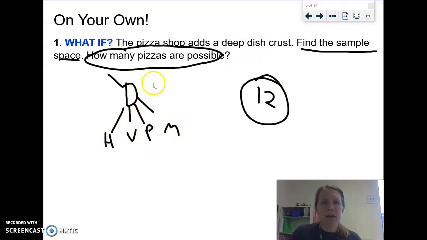So if you have 3 different crust options and 4 different types of pizza options, you're going to have a total of 12 pizzas you could choose from, or 12 different combinations you could make. That's where this 3 times 4 comes from to get the 12. 3 different kinds of crust, 4 different types of toppings, you get an answer of 12 different options.